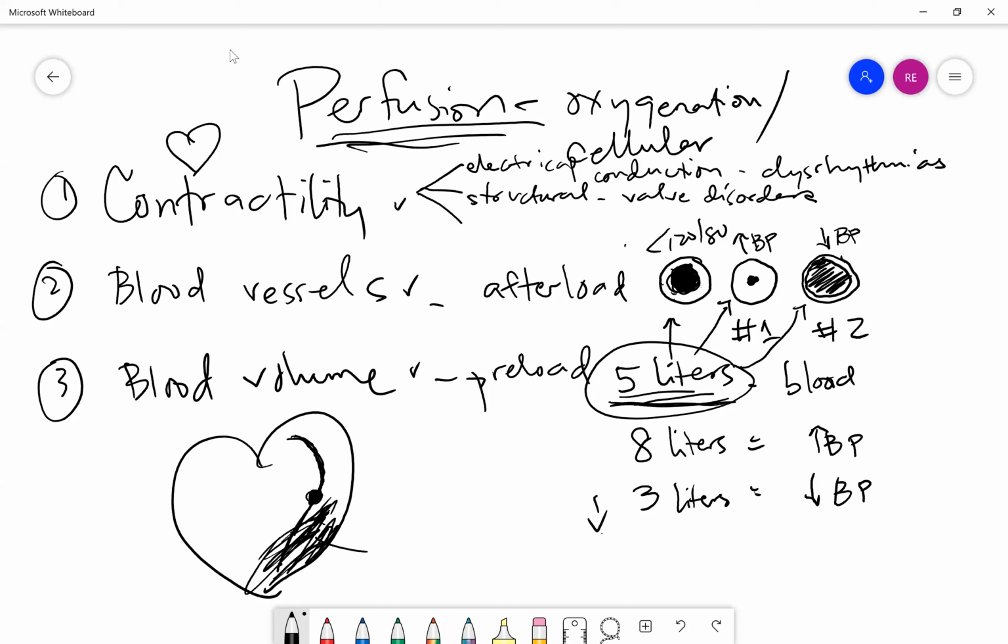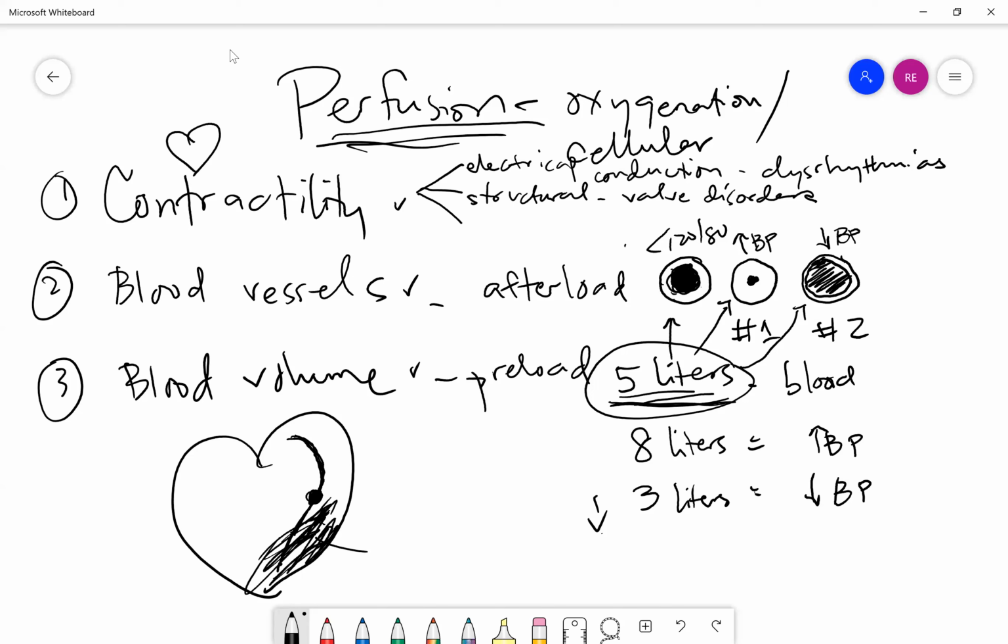Meaning the same amount of preload, normal preload, and then normal afterload. Can it pump that 5 liters through the normal vessel after a heart attack? Oh, no. Not effectively.